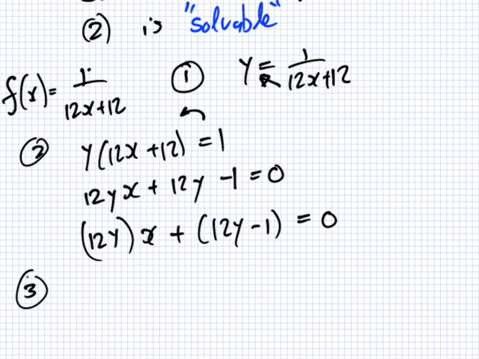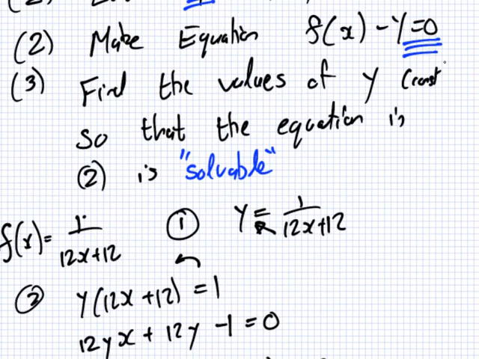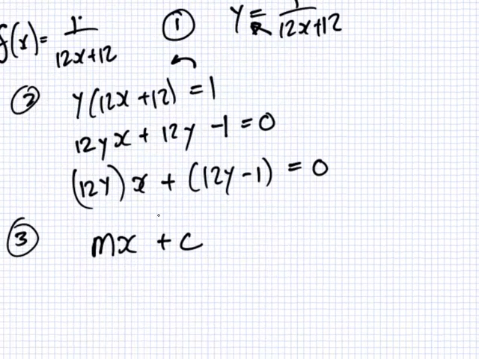Finally, step 3. When is this equation solvable? Well, if you think about it, this equation is of the form mx plus c, where, although I didn't say it here, we think of y as a constant in the equation, not as a variable. We imagine it as a number. So, when you have a straight line and you want to solve it when it equals 0, when it crosses the x-axis, in other words, the root, you can always solve a linear except in one situation. What is the situation when this is not solvable?